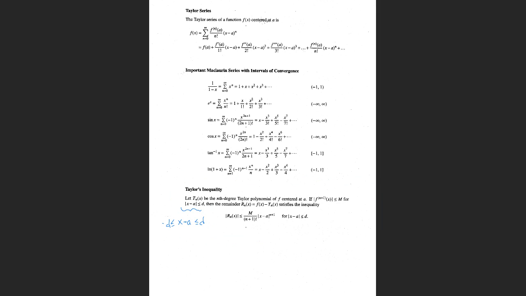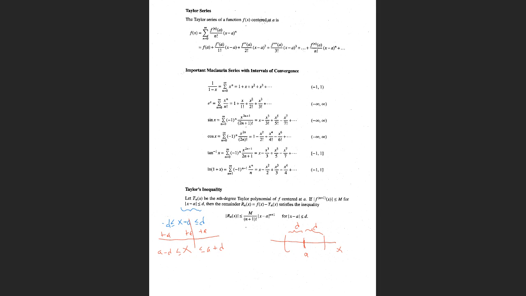So if we add a to each part, this cancels, so x is less than or equal to a plus d and greater than or equal to a minus d. What they're saying is, if you have your value of a, then you're looking around some neighborhood of a.